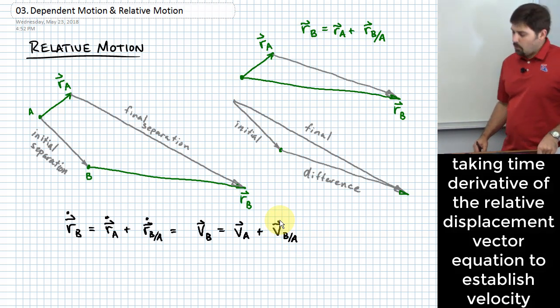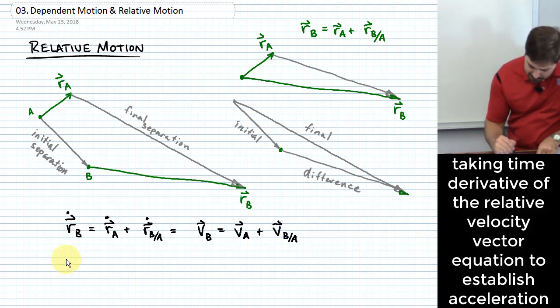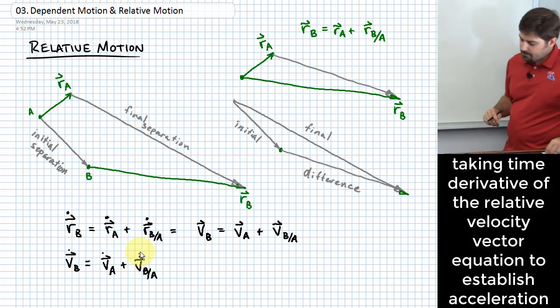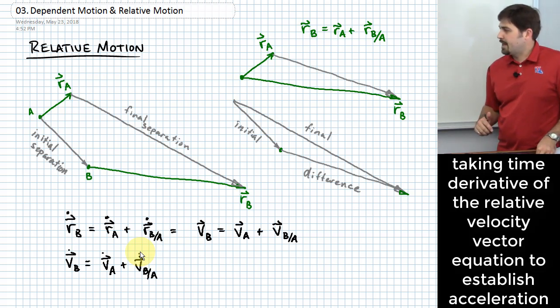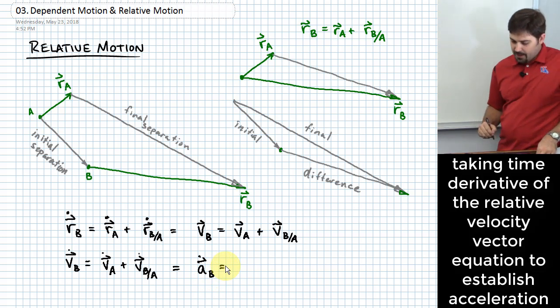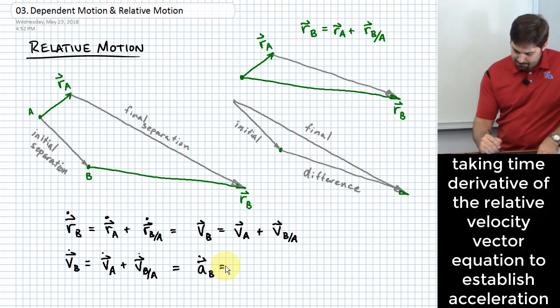Well, what happens now if I take time derivatives of that expression? What do you think that is? We can replace that variable with A, because A is a symbol we use for acceleration sometimes.